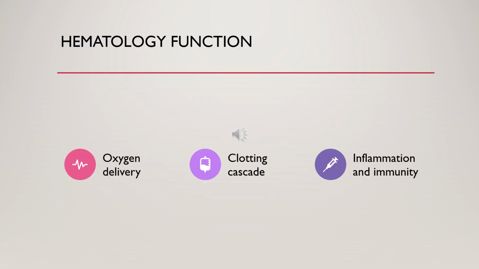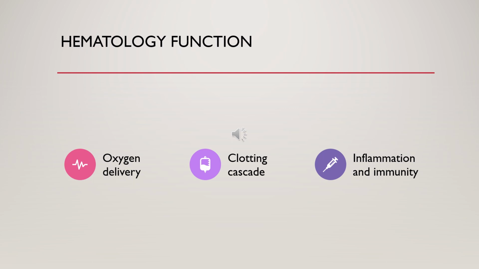So what does our blood do? All of our tissues rely on oxygen that is transported in the blood. However, there's some other things. We have, of course, oxygen delivery. We have the clotting cascade. So if we get injured, we get scratches, we send our blood out there to start clotting and protect the skin until the skin can heal.